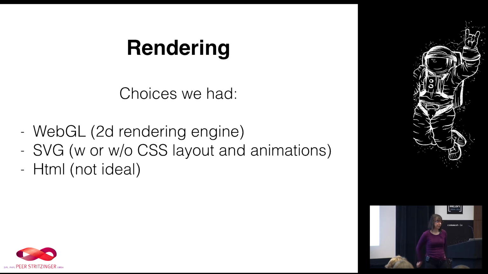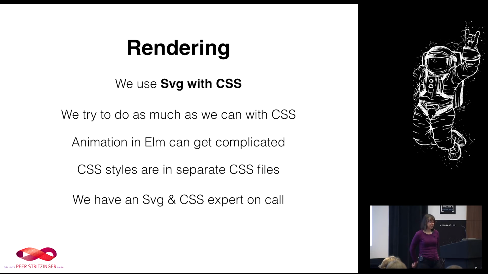And the other choice is to use SVGs, with or without CSS layout and animations. In the end, we use SVG with as much CSS as possible, because ideally you wouldn't want to do too much animation with Elm, because keeping the animation state around is awkward and inconvenient, although there are good animation libraries for Elm if you want to do that.